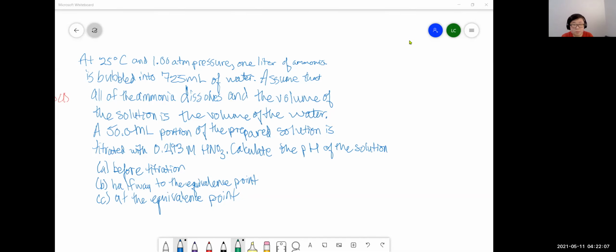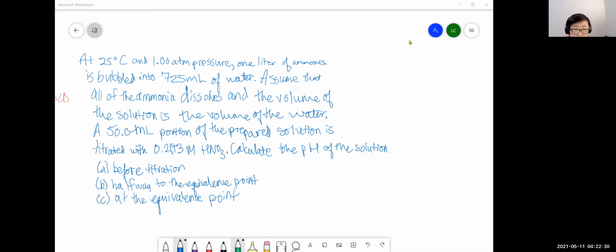So here's another problem. This one's actually a weak base, strong acid type of problem. At 25 degrees Celsius and 1 atmosphere pressure, 1 liter of ammonia is bubbled into 725 milliliters of water. Assume that all the ammonia dissolves and the volume of the solution is the volume of the water.